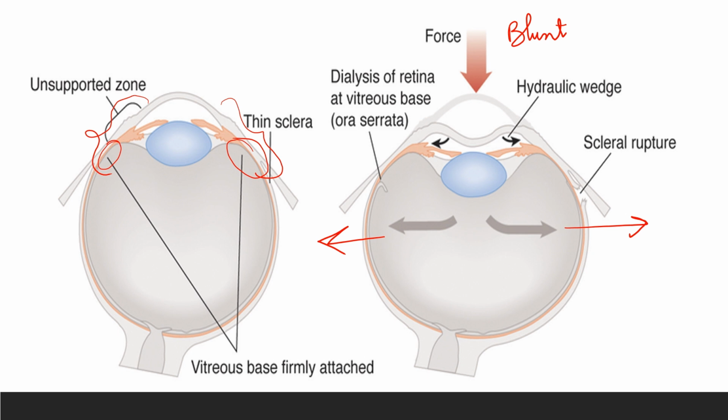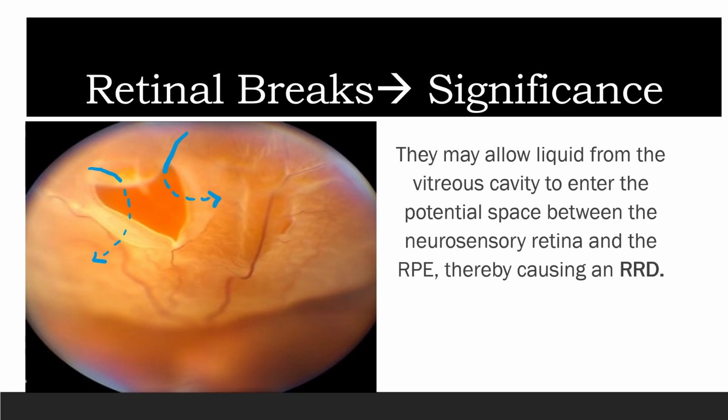Now, because of that compressive force, because of that equatorial expansion of the eyeball, there can be various tears that can develop at the level of the equator and also anterior to the equator. And the most common tear that we see developing post-trauma is the dialysis of the retina. Okay, so we'll talk about that in detail.